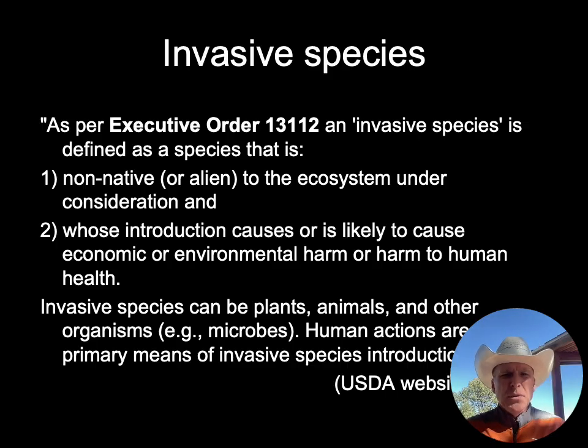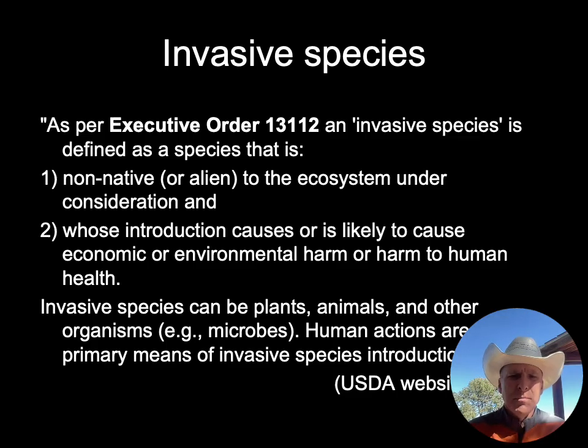Okay, so there was actually an executive order during the Clinton administration, Executive Order 13112, that states that an invasive species is defined as a species that is non-native to its ecosystem and whose introduction causes or is likely to cause, and that likely part's key, economic or environmental harm or harm to human health.